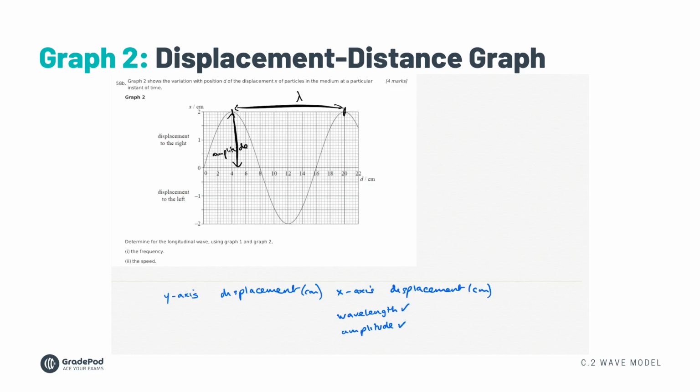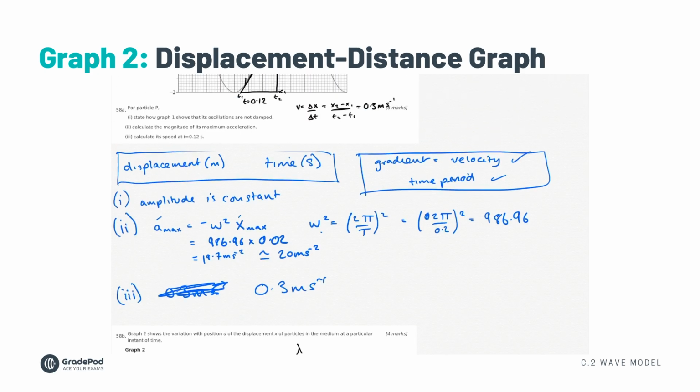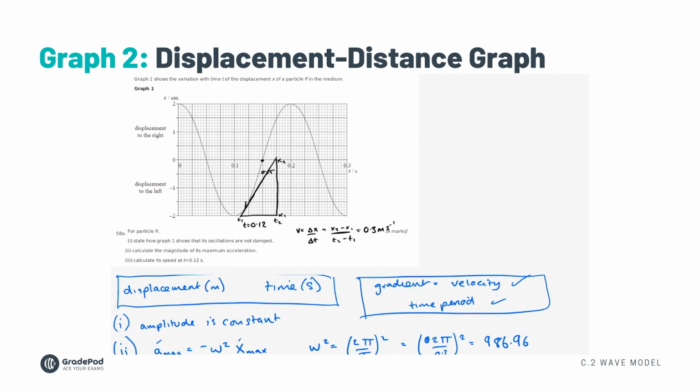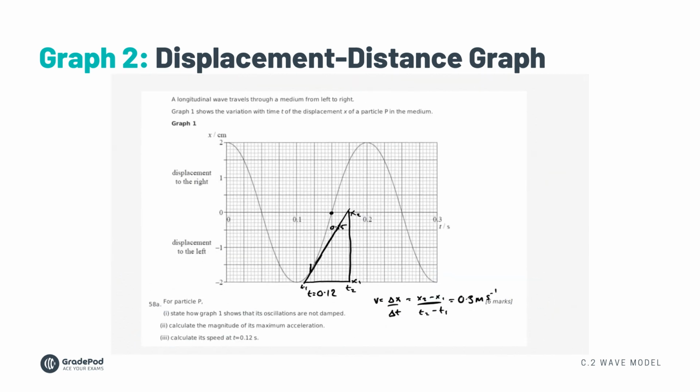It says here, determine for the longitudinal wave using graph 1 and 2 the frequency. Using graph 1, we can find out what the time period is, and the time period is 0.2 seconds.